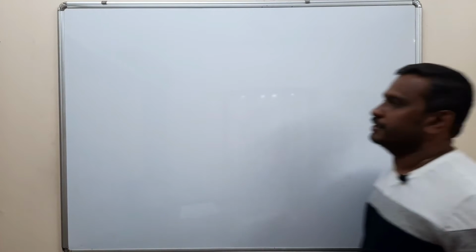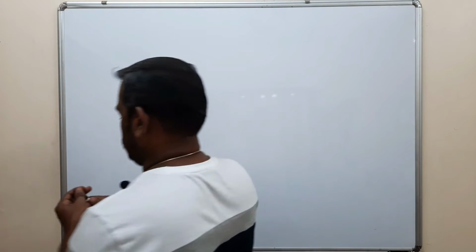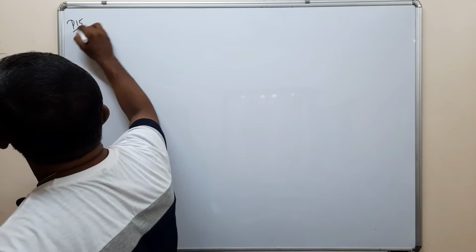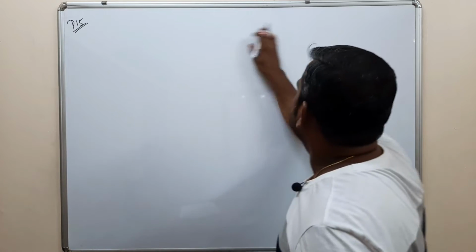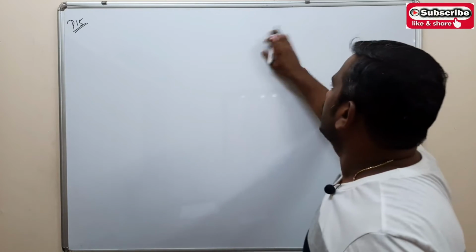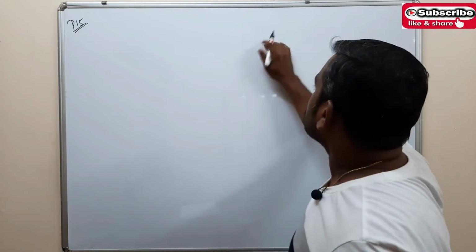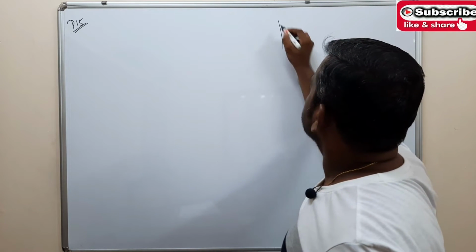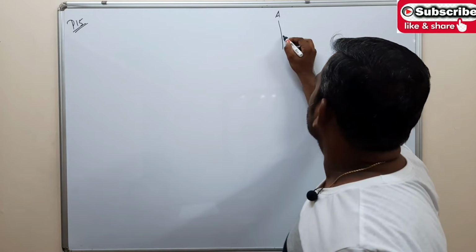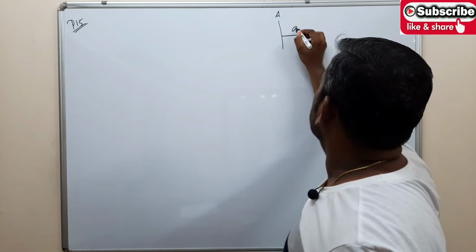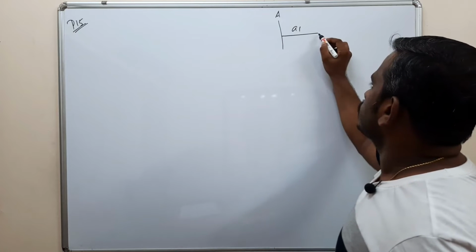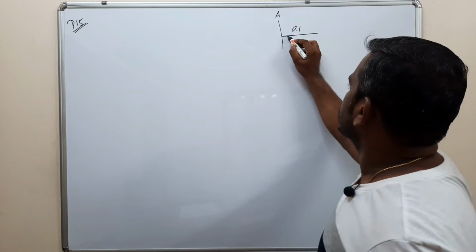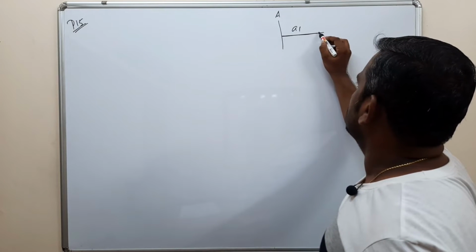So 15th question. A train starts from a station A and moves with a constant acceleration A1 for some distance.